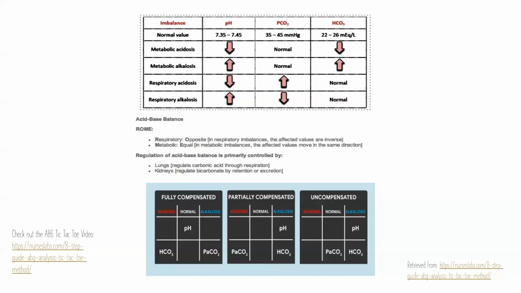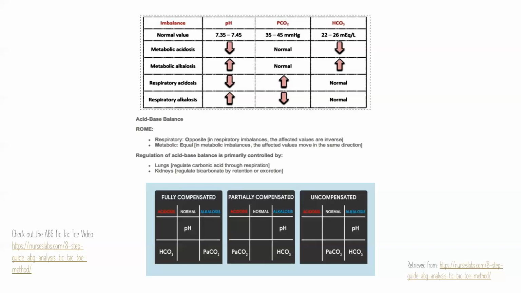In the next square, you'll see partially compensated. For this particular patient, their respiratory status, their PaCO2, their partial carbon dioxide is acidotic, so they're in acidosis. And the pH and their bicarb are in alkalosis.